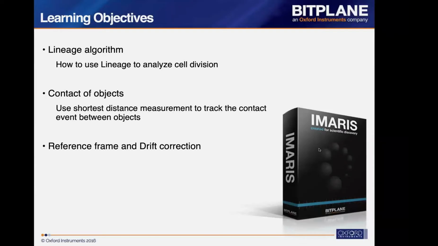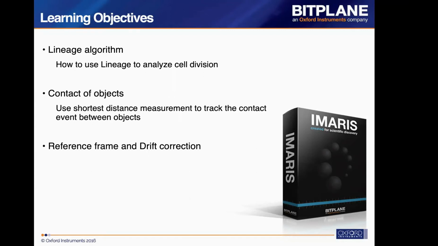Right, so here are today's learning objectives. Last week we talked about the basic tracking. We mentioned the different algorithms, how to edit your track, and how to visualize your track result. Today we will be more focused on the Lineage algorithm, which can analyze cell division applications and images.